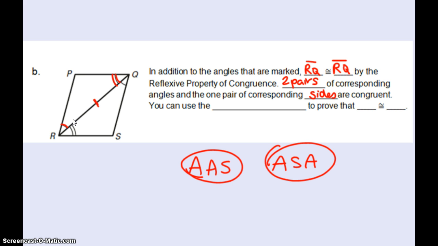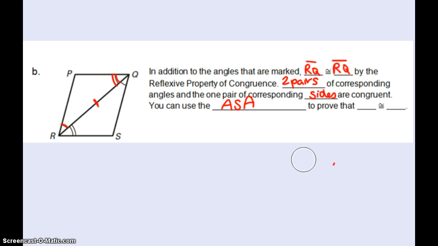This side is included in between the two angles, therefore I would say the angle, side, angle congruence postulate. So therefore I can prove that triangle PQR is congruent to triangle SRQ, and remember naming is important. Okay?